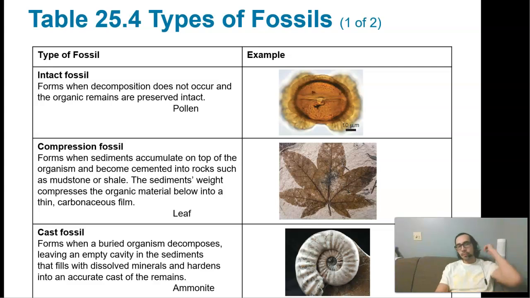So here are some examples of the fossil types. An intact fossil could be like a mosquito trapped in amber. You have compression fossils, like this leaf here that was compressed by two layers of sediment. There's a cast fossil that's very common with organisms that have a hard shell.